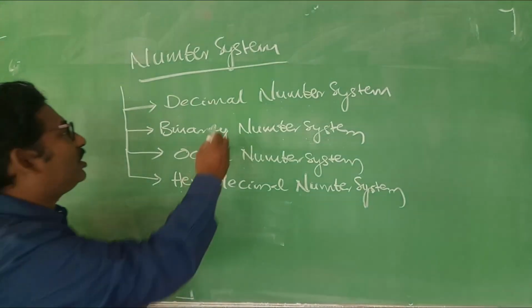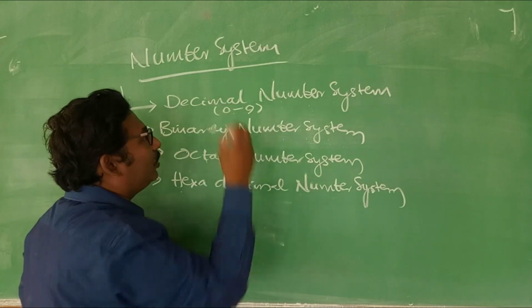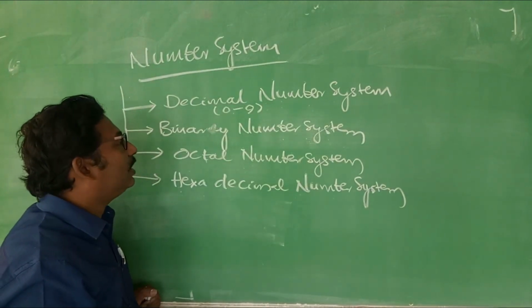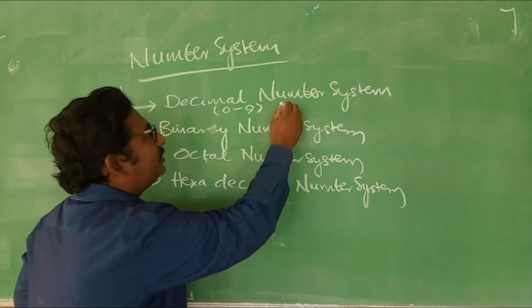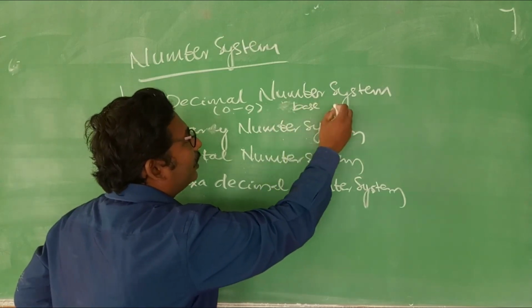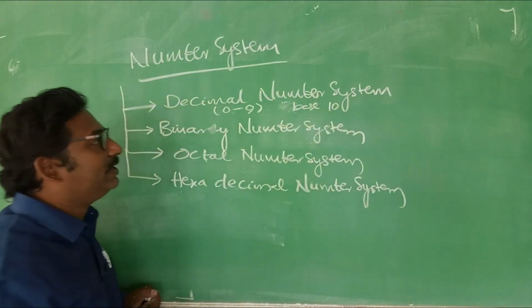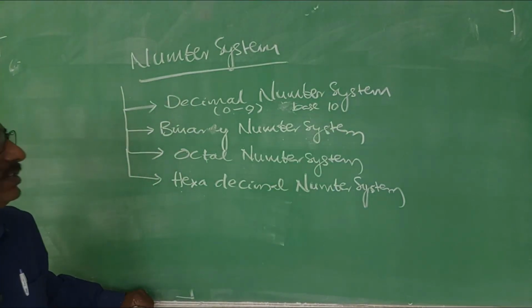In the decimal number system, the digits are 0 to 9, and its radix or base is 10.